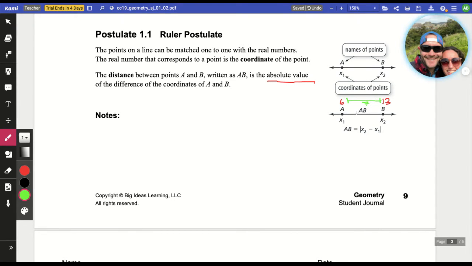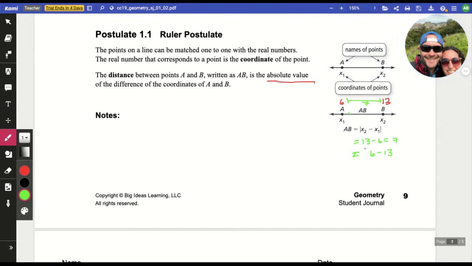Because you can just count the units: 1, 2, 3, 4, 5, 6, 7. You can do it like this, 13 minus 6 to get 7. Or if you do 6 minus 13, what are you going to get? You're going to get negative 7, right?